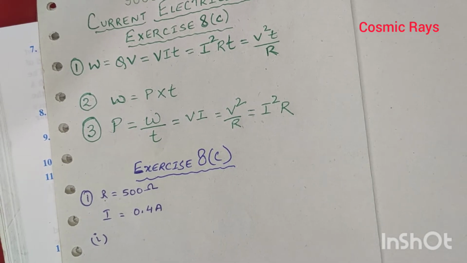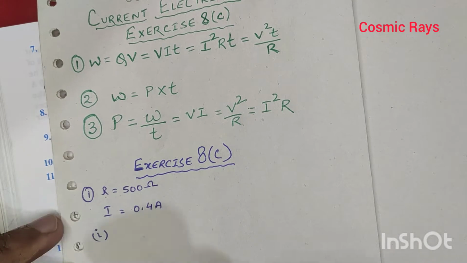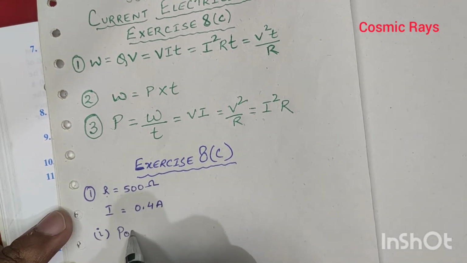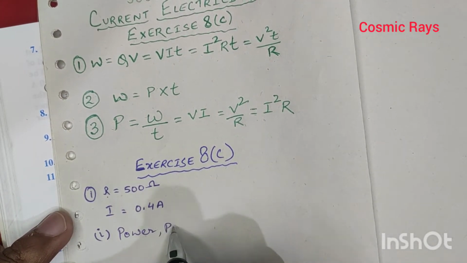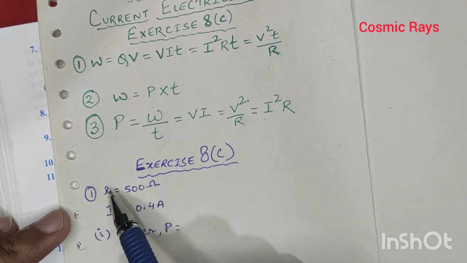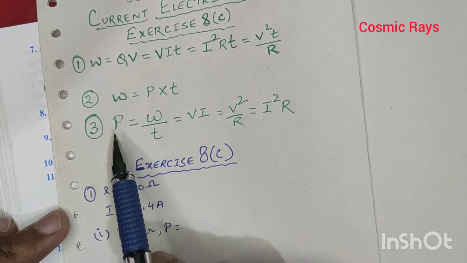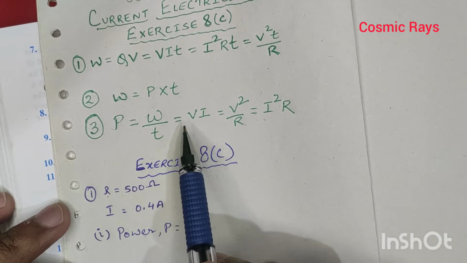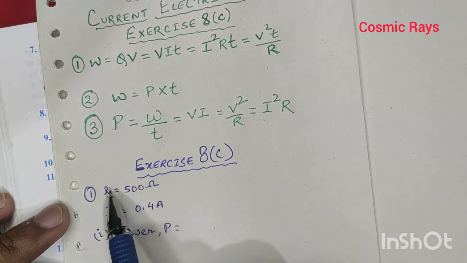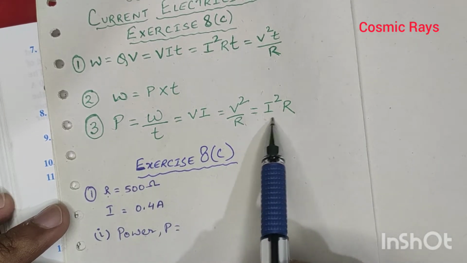Resistance is 500 ohms, current is 0.4 ampere, and first part of the question asks us to calculate the power. So power, P is equal to, we have been given R and I. So from the formula you can see the formula which relates power, resistance and current is this equation.